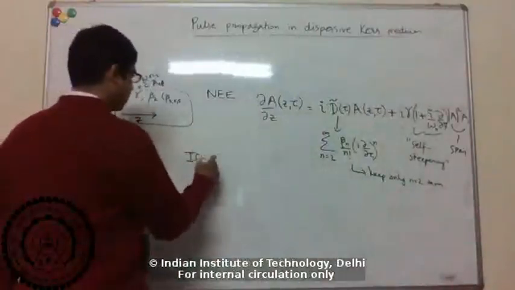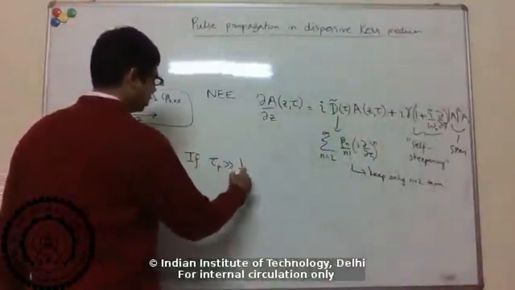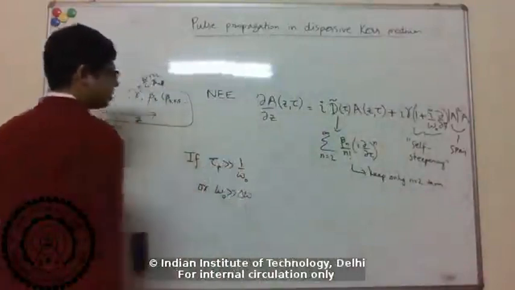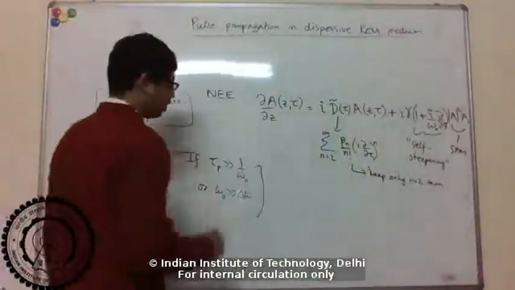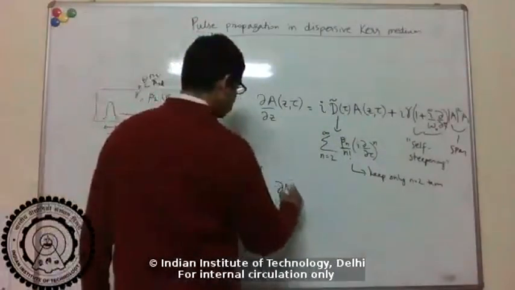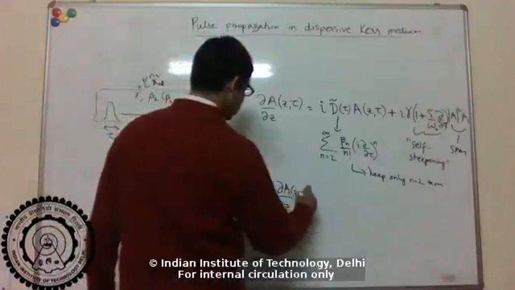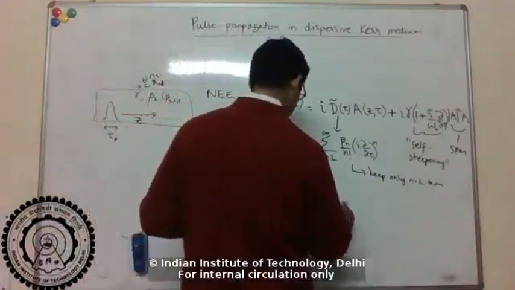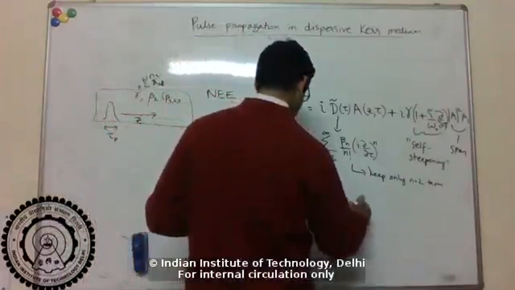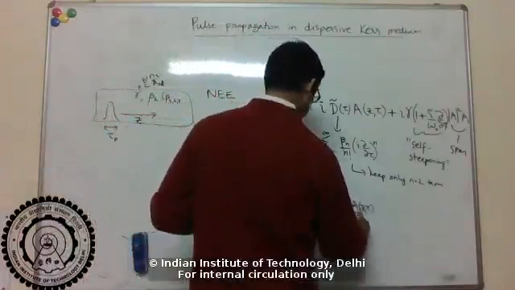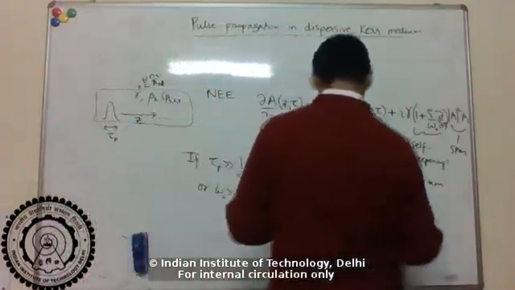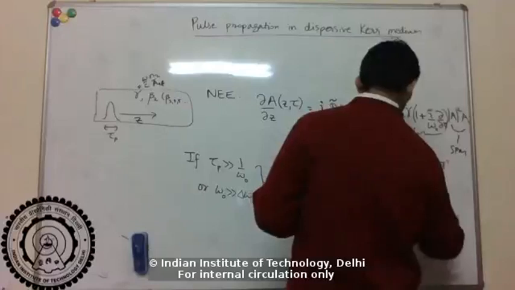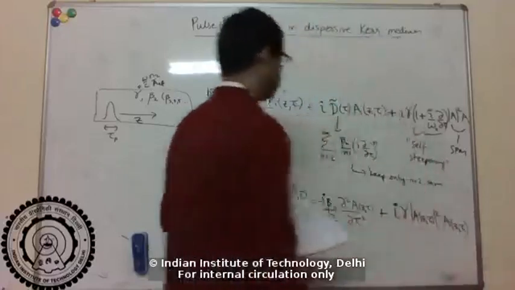Okay, so again, in the case where the pulse width is much longer compared to cycle time, or the carrier frequency is much bigger than the bandwidth in the pulse, basically this nonlinear envelope equation reduces to, okay.